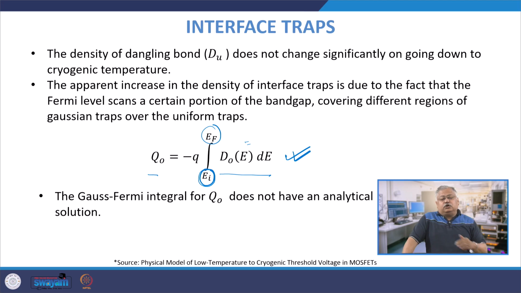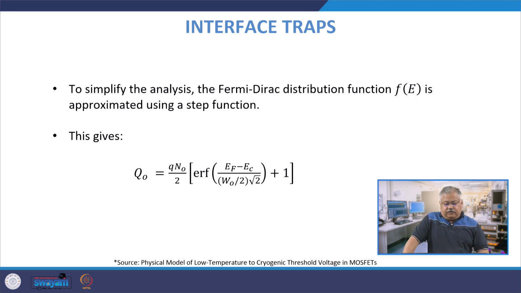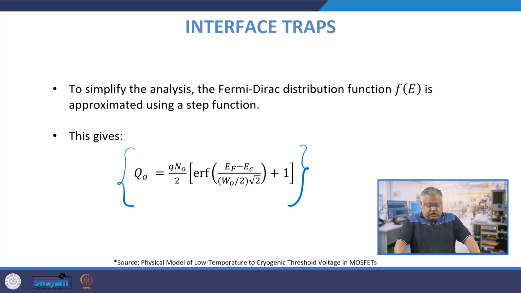Now, we are assuming that the Gaussian traps are spread uniformly across the network, right, and gives me a fixed value. Now, to simplify, we will not go into how you are finding it out, but finally we get the value of Q0 to be this much. This is the charge contribution because of the interface trap charges in the system, where W0 is always the width at half maxima.